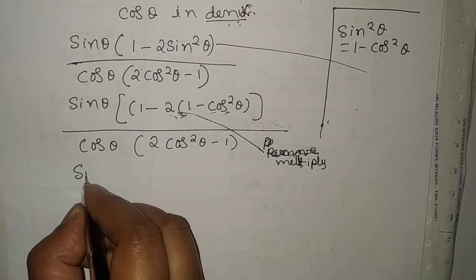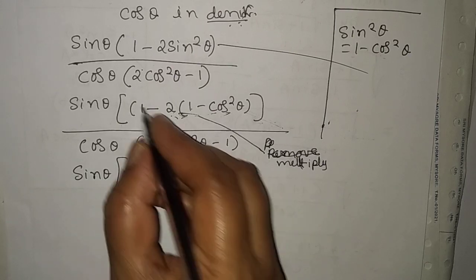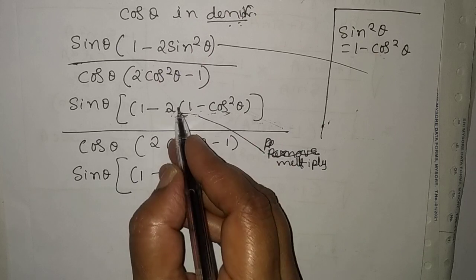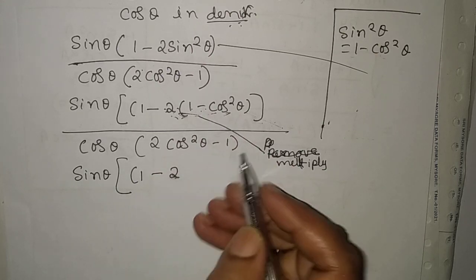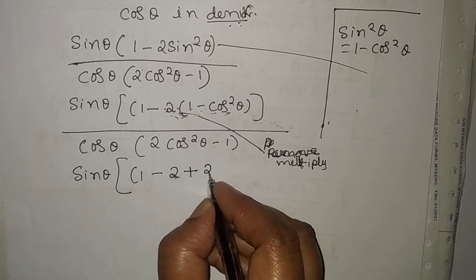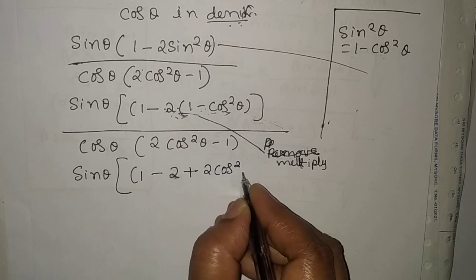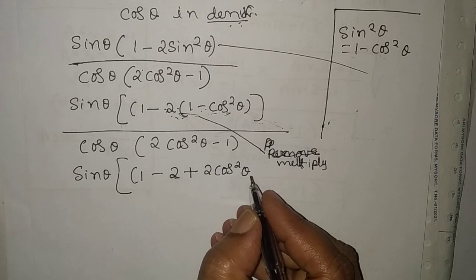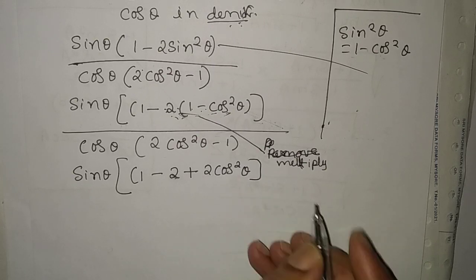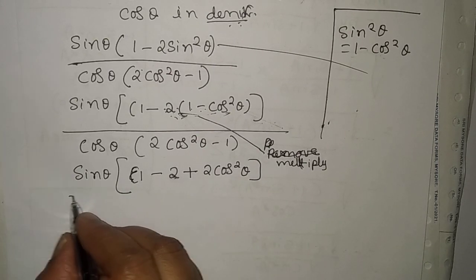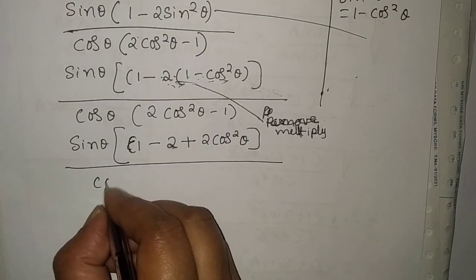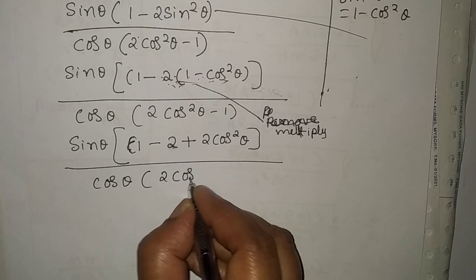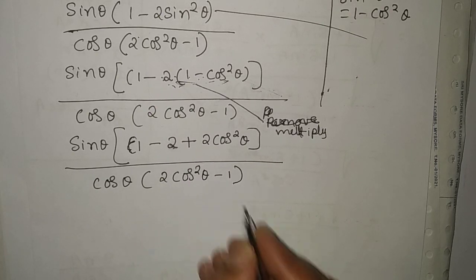Then what happens? Sin theta into 1 remains as it is, 2 into 1 will become 2, then minus into minus, plus 2 cos square theta. After this, in the denominator, cos theta, then 2 cos square theta minus 1.